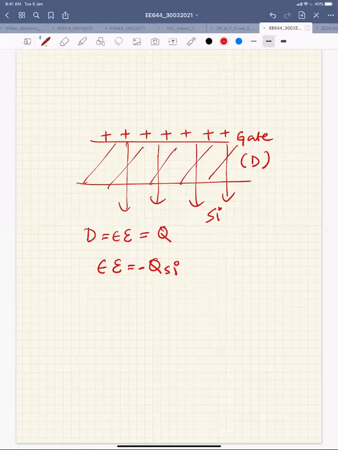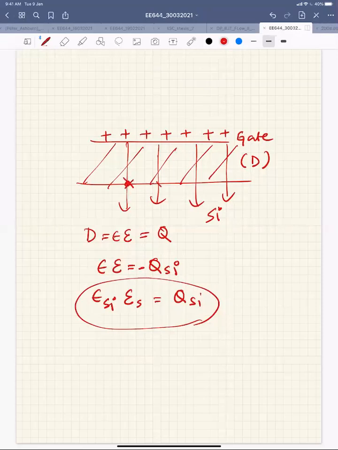And I could also write this as epsilon Si times Es. If you want to write the silicon charge, it is nothing but the field at the interface. That field is your Es, the field entering.